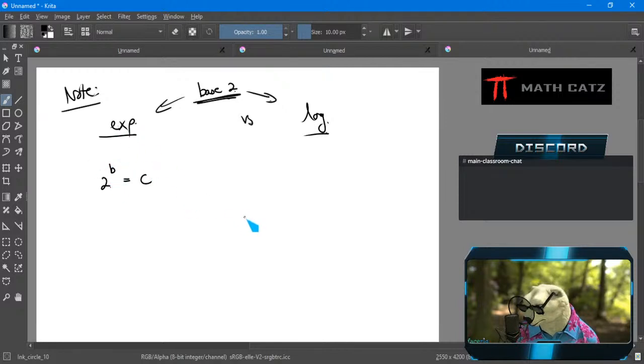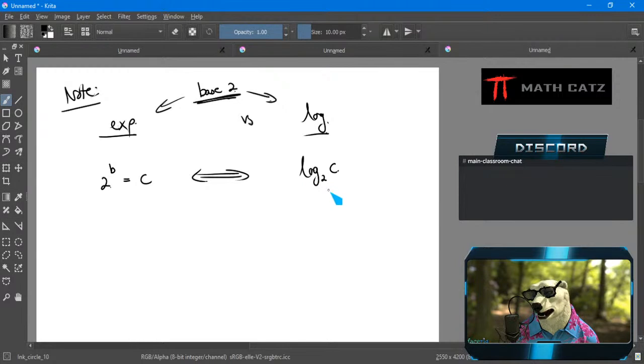Input, output. The log side of things, they're expressing the same relationship between 2, B, and C, just from the other side. That one says, I want to work with base 2. Fine. You give me the answer. You secretly do an exponential calculation and give me the answer.